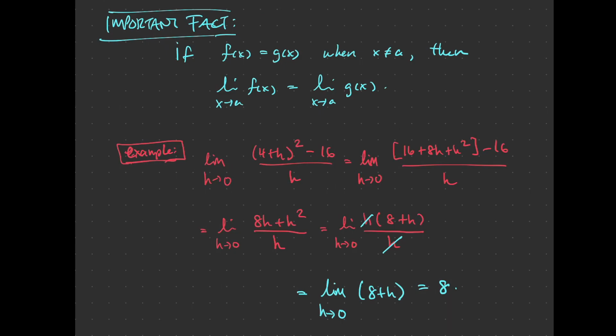Right, so here we are able to get around what we call a removable discontinuity by using this fact. Now, it is not saying that 8 plus h is the same as this function here. This one does have a problem at h equals 0.